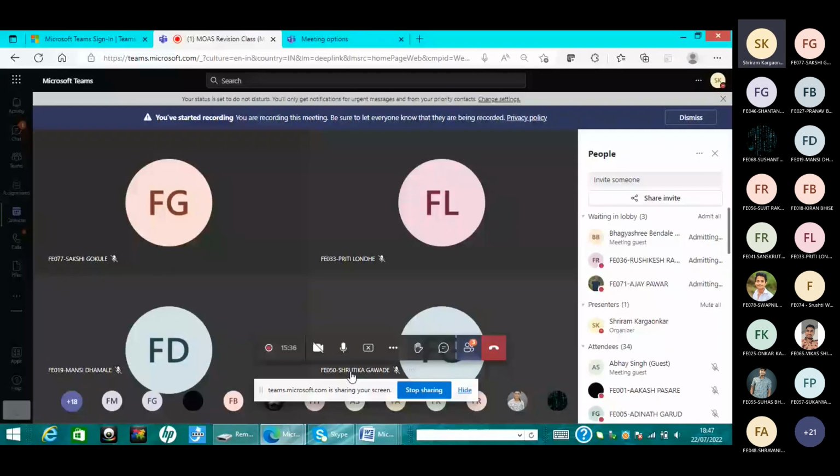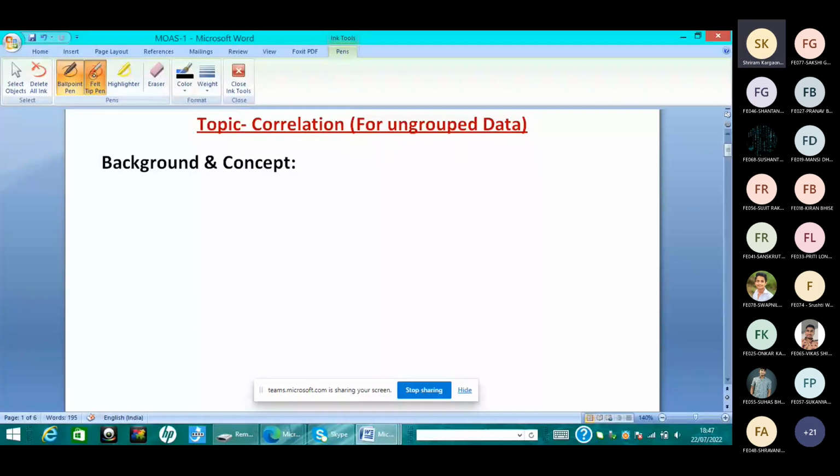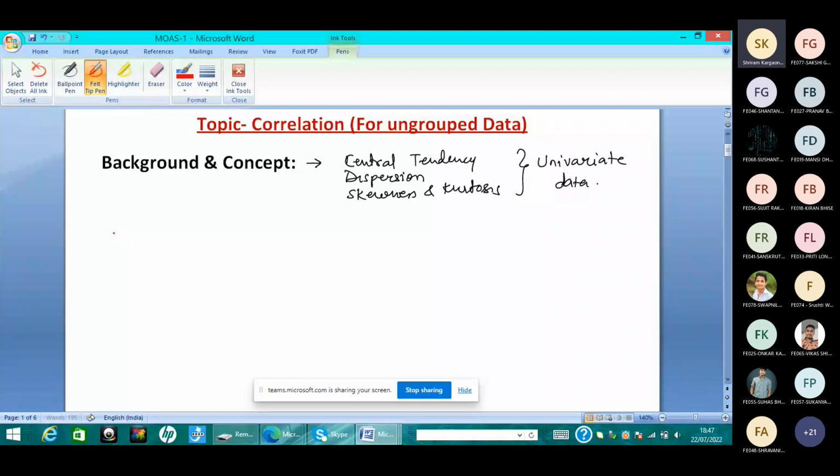When you collect information on two variables under study, we call it bivariate data. This is very important. In this particular unit 1, we are going to deal with correlation related to bivariate data.